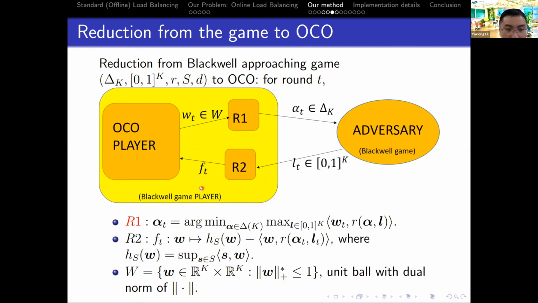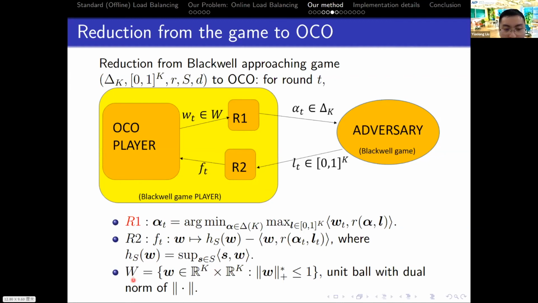In round T, firstly, the OCO player gives a prediction W_t, and then a reduction transformation R1 transfers it to alpha_t for the Blackwell game. Then the adversary of the Blackwell game gives the load information L_t. According to the transformation R2, it is transferred to a convex function, defined here as f_t, and given to the OCO player.